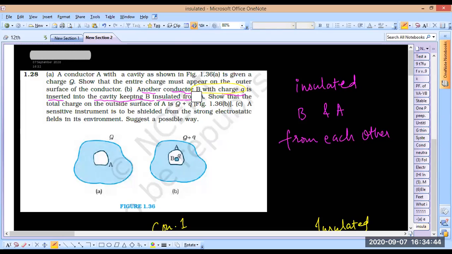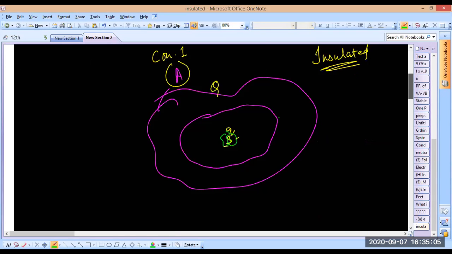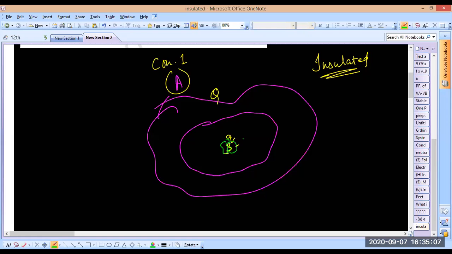Show that, show means prove, right? So what do we have to prove? Prove that the total charge on the outside surface of A is Q plus q. If you place it like this, then automatically over here a charge Q plus q will come.